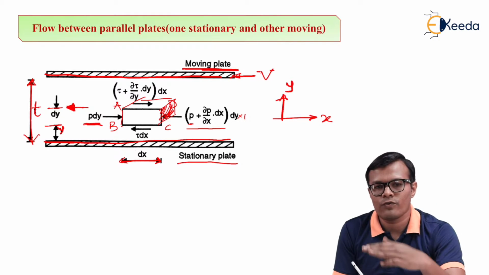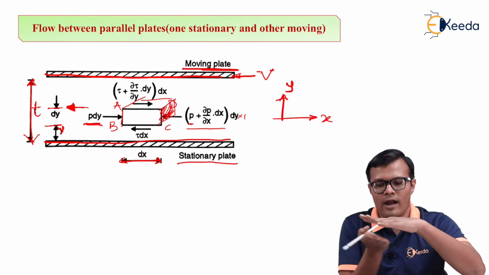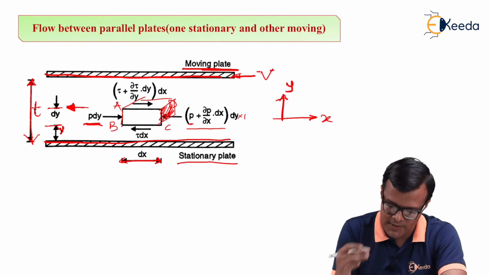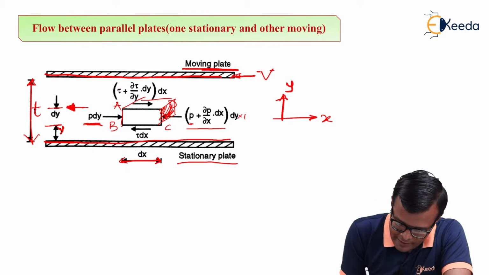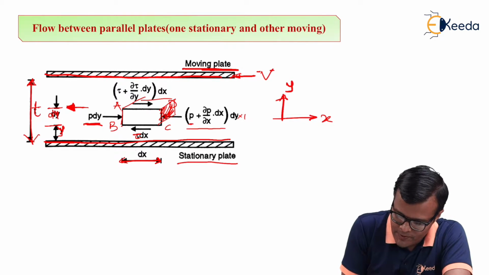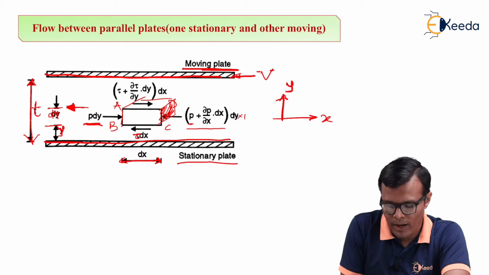If we consider the two other faces, then we can consider the distribution of shear stresses. Let at distance y the shear stress be tau, and with a small increment dy, it becomes tau plus ∂tau/∂y into dy.